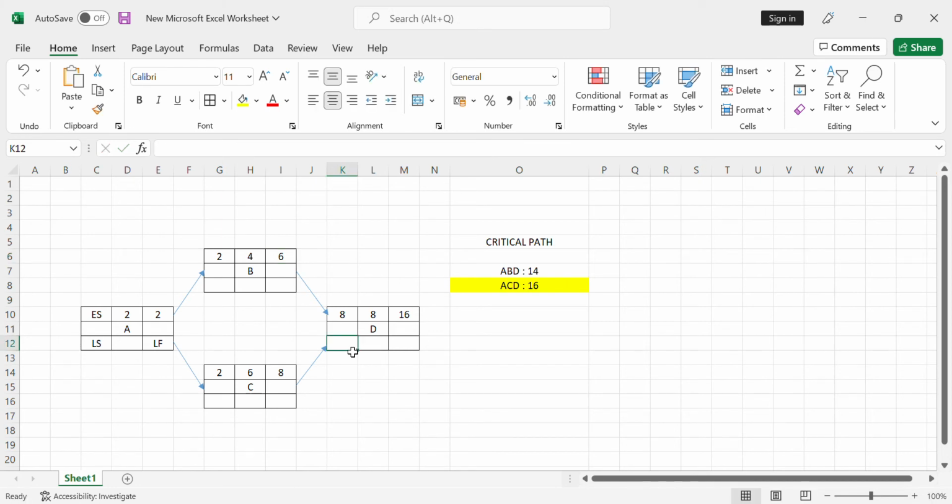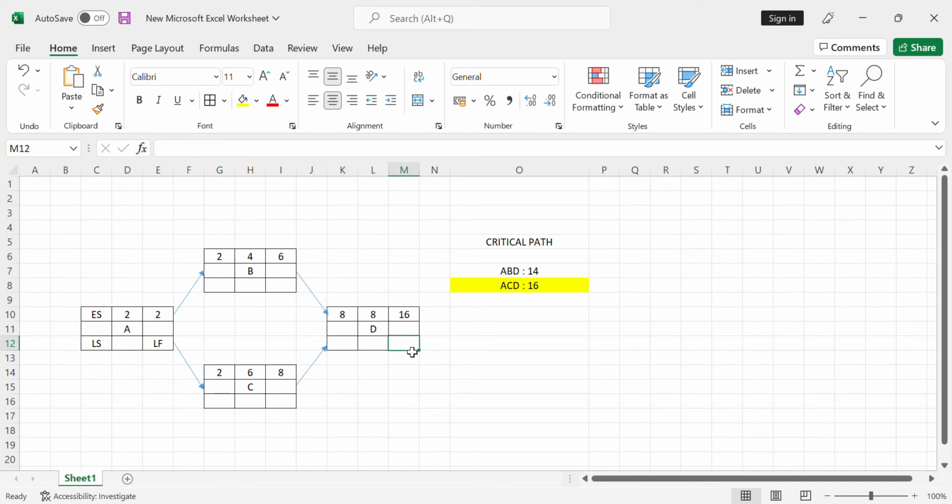Now we have to find the late start and late finish. Previously we solved the forward pass. Now we'll solve the backward pass, and first we have to solve the critical path, which is D, C and A. We take path A, C, D, but we start from the backward position.